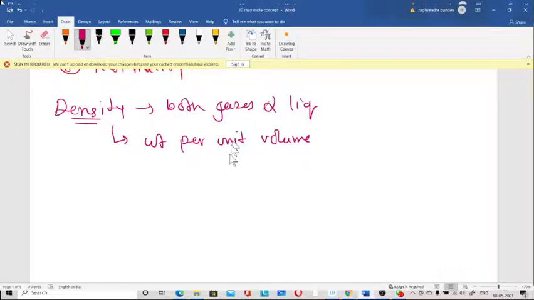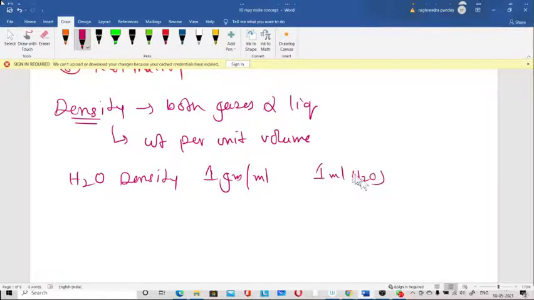Now, the density of water is 1 gram per ml. It means if you take 1 ml of water, its weight will be 1 gram. Simple, no problem with it.